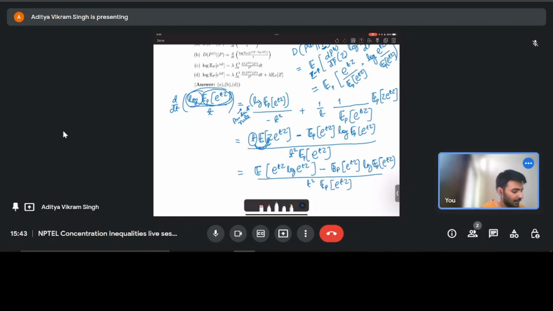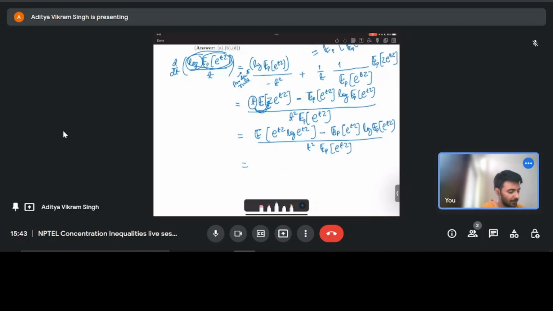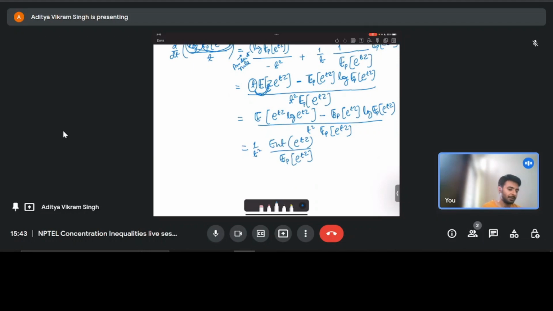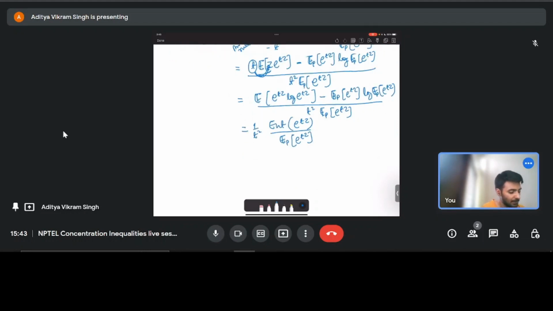And this thing is recognizable. So the above thing is entropy of e^(tZ). We have 1 by t square. And then on the denominator we have... Now in the first question of this assignment, in this thing we were discussing today, we know that entropy of alpha X is just alpha times entropy of X, right?